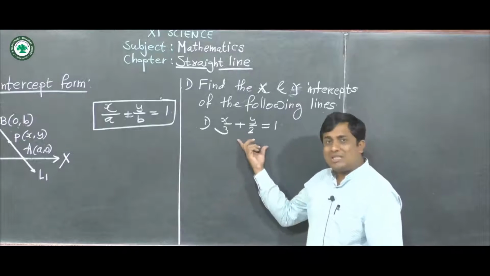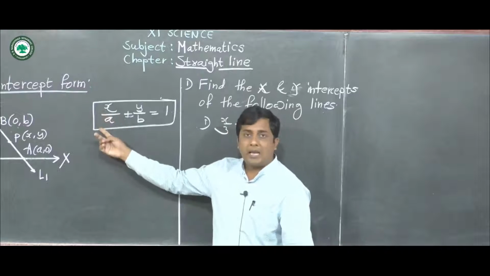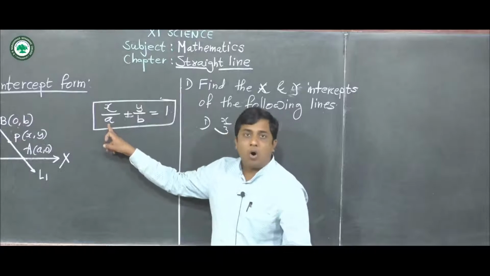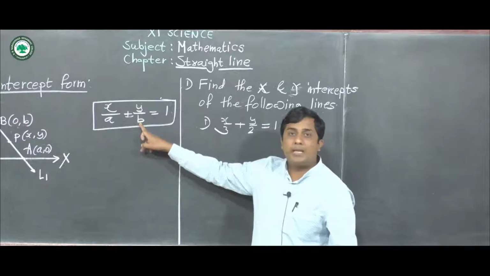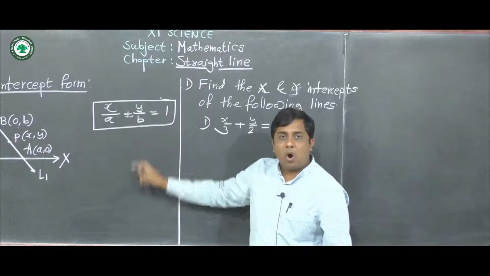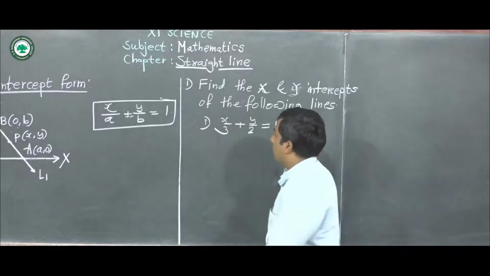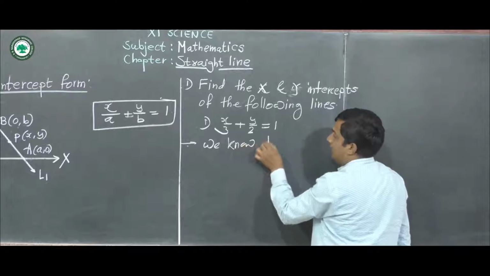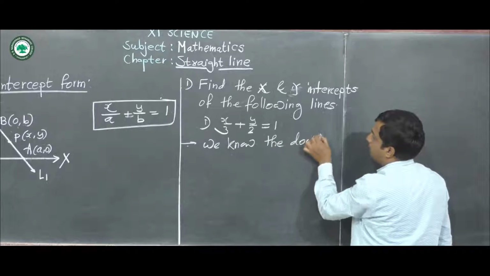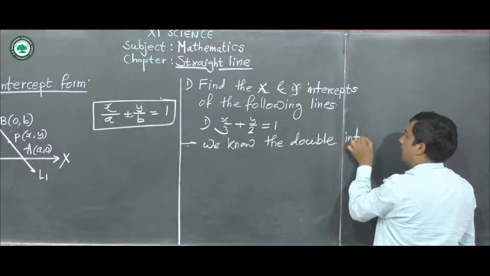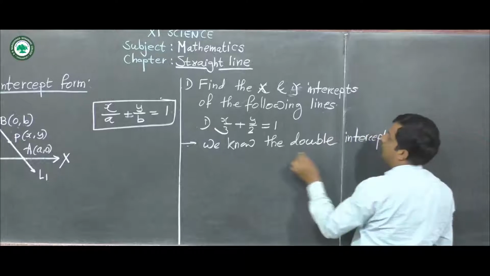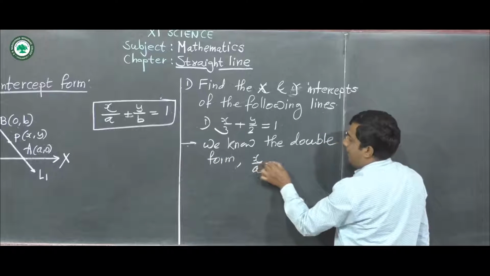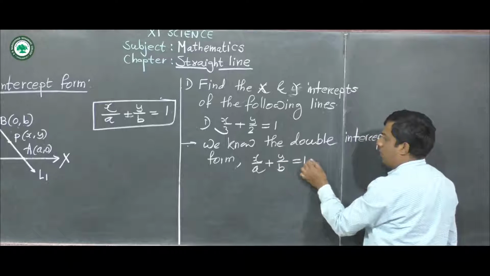Everyone knows this line is in the form x upon a plus y upon b is equal to 1, and here a is called the x intercept and b is called the y intercept. So we know the double intercept form, x upon a plus y upon b is equal to 1.